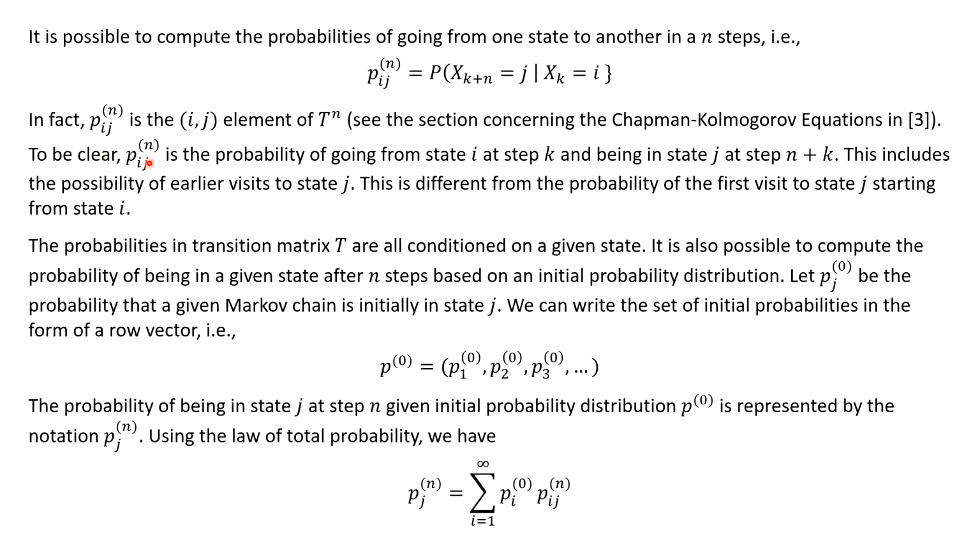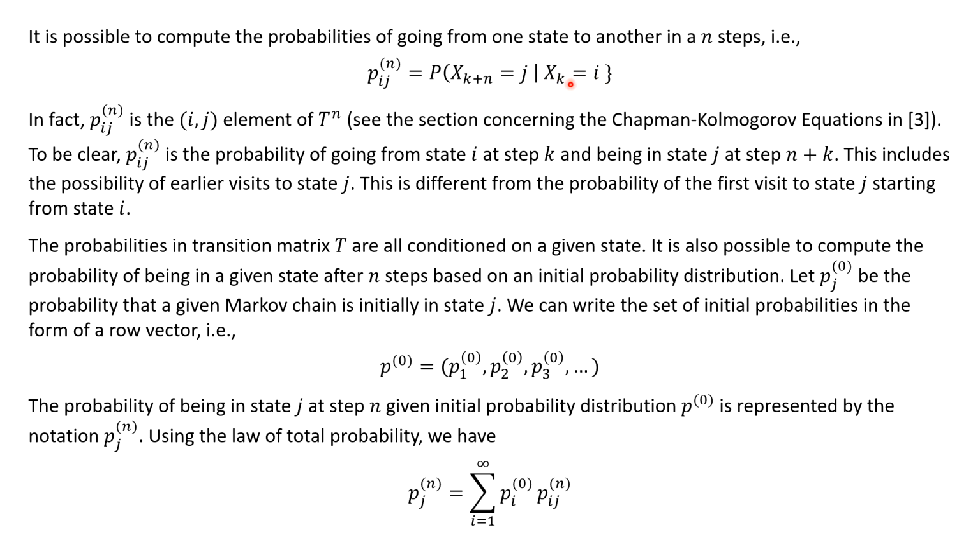To be clear and more precise than what I just said, p_ij^n is the probability of going from state i at step k to being in state j at step n plus k. Now we need to be careful because there's a hidden thing in this statement. This includes the possibility of earlier visits to state j.